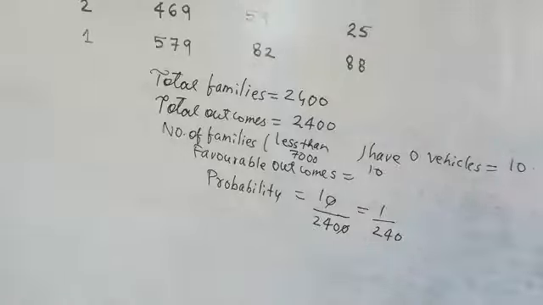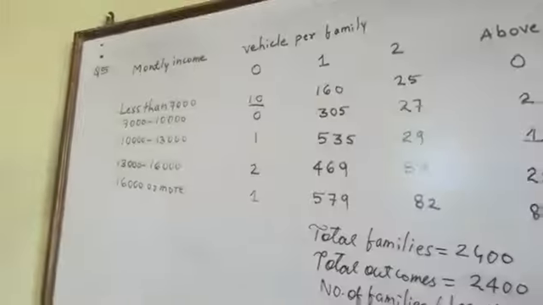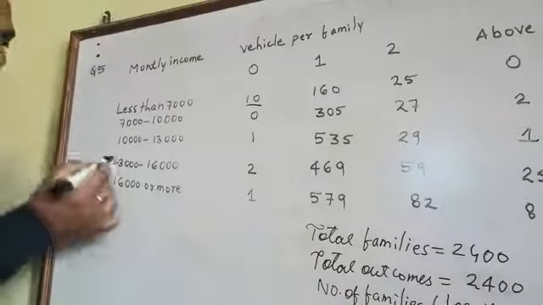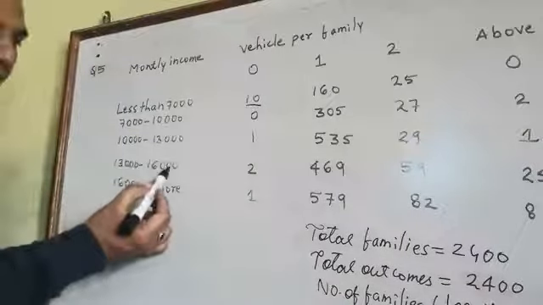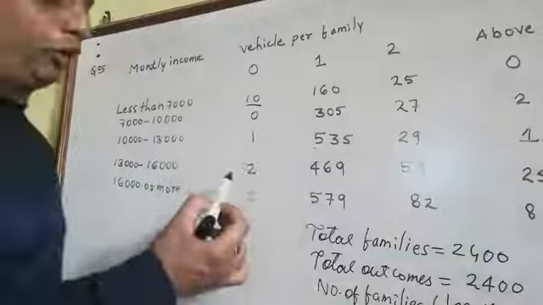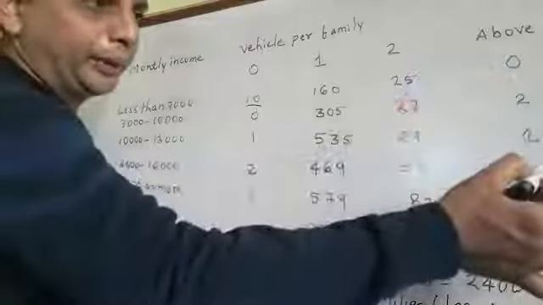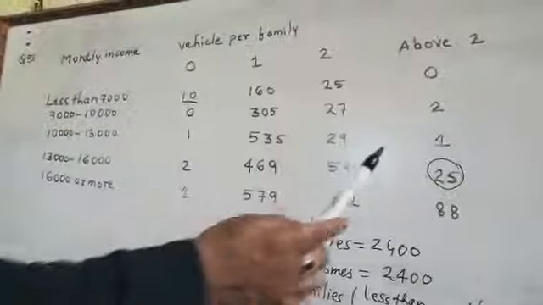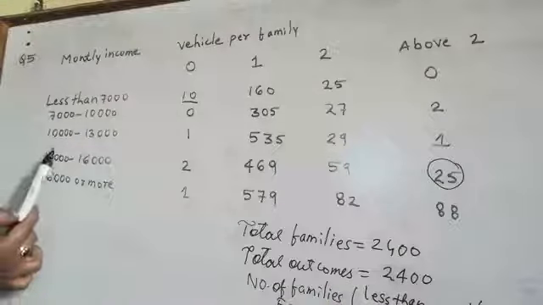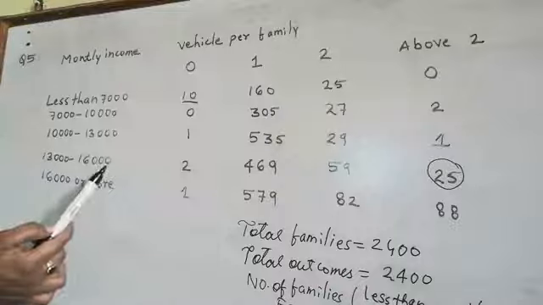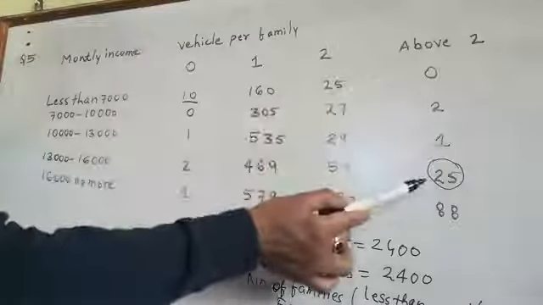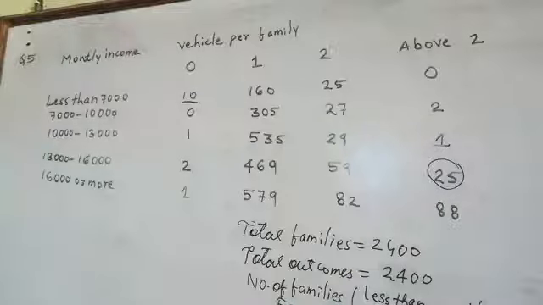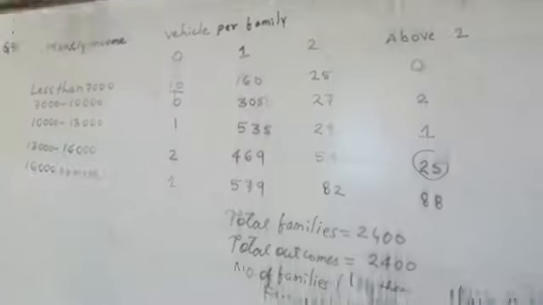You can see in the question, such families are 25. So more than two vehicles are 25, and the favorable outcome will be 25.